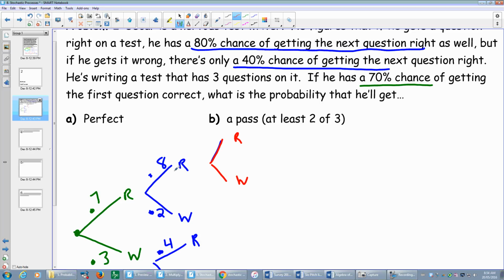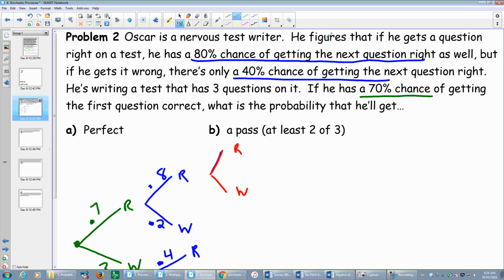If he figures if he gets a question right on the test, he has an 80% chance of getting the next question right as well. So if he got the second question correct, for the third question there's an 80% chance that he'll also get that correct. Are you okay with that, Joanna? Okay, which means what percent will he get wrong?